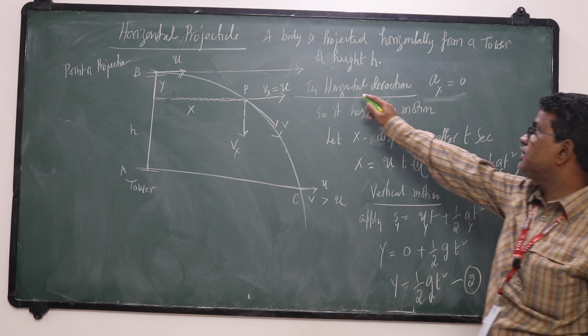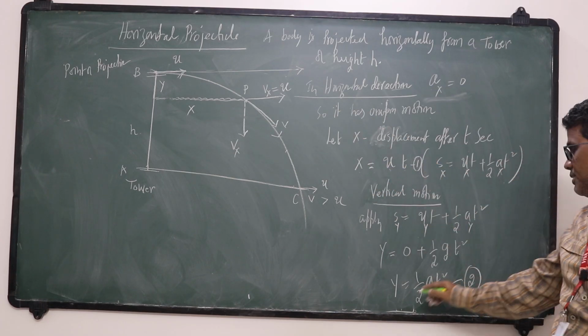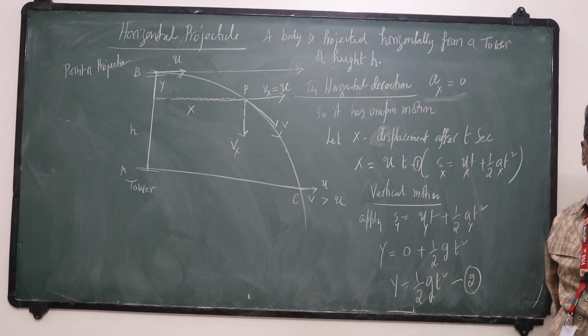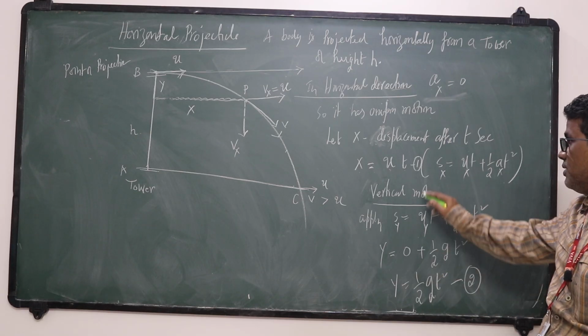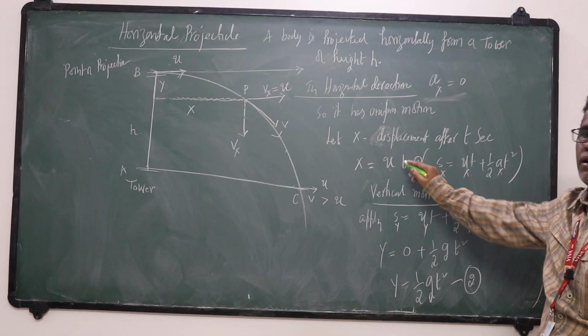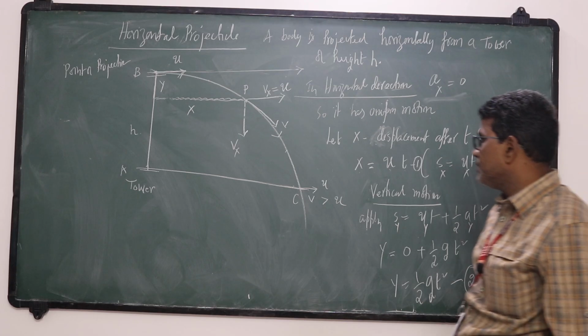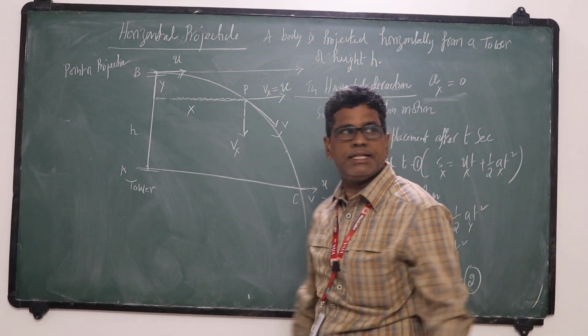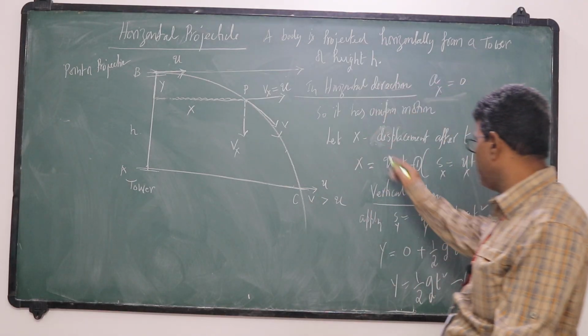I got the horizontal displacement x and the vertical displacement y. This is the procedure to calculate horizontal displacement and vertical displacement. If you want to show this trajectory is a parabola, you eliminate t from these two equations.